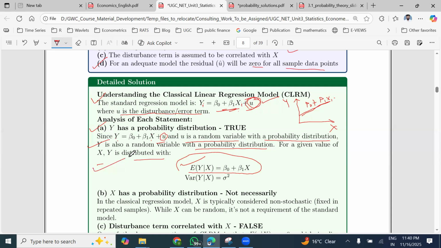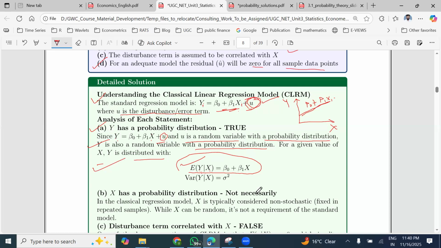Because we are basically trying to estimate the conditional mean of y given x. Isn't it? Conditional probability, we had studied earlier. So the regression line is nothing but you are trying to estimate the conditional mean of y given the value of x. Clear?